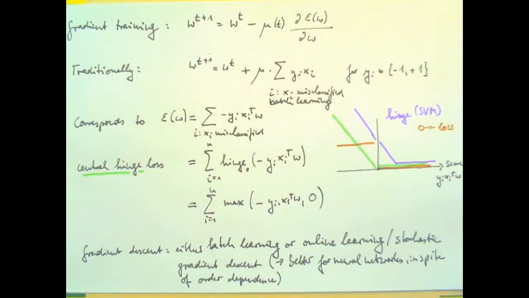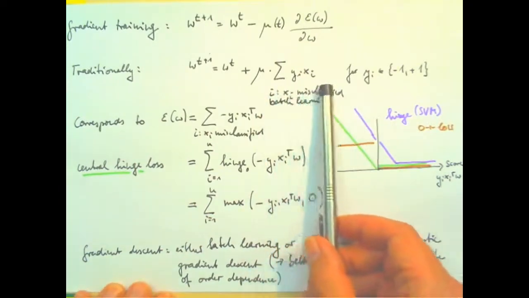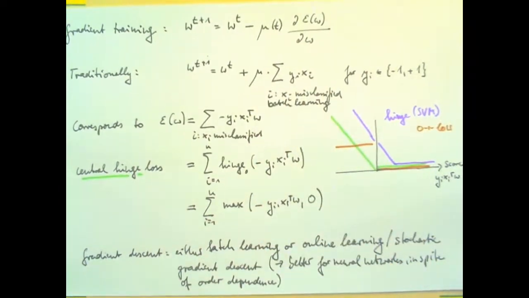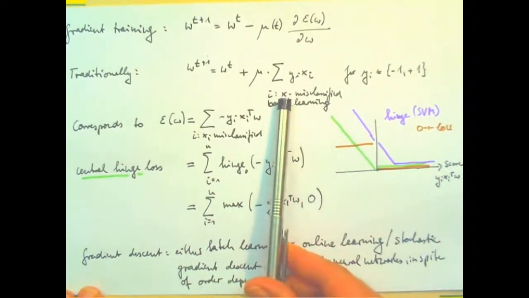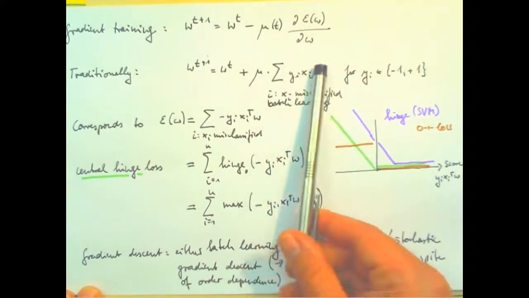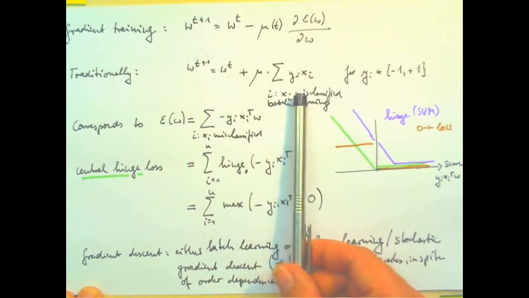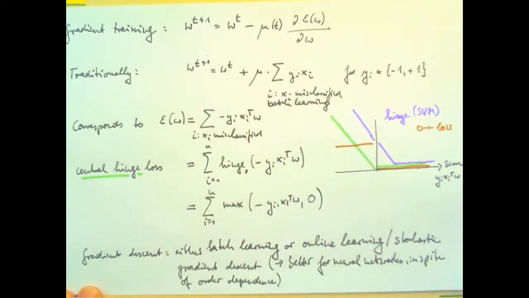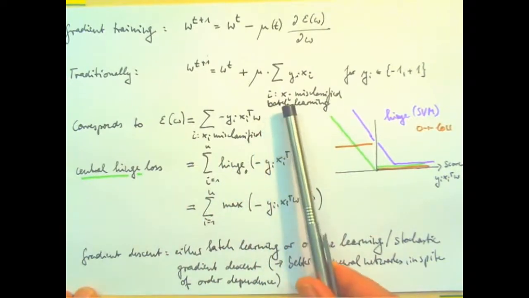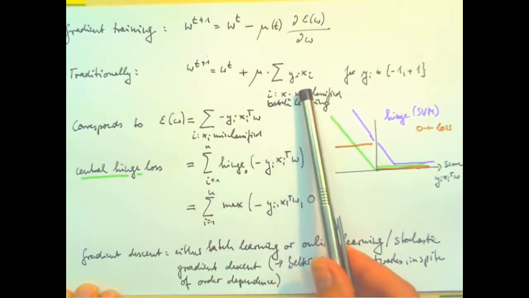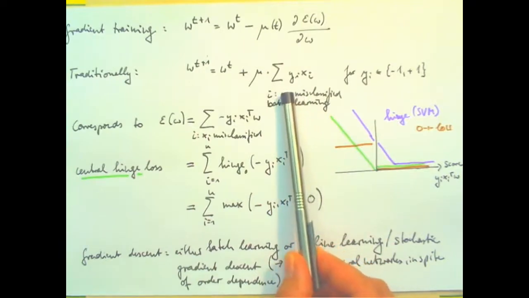Okay, so the difference between batch and online learning. Let's say I have 1,000 samples in my training set. In batch learning, you sum up your contributions from all your 1,000 samples and then update your parameter vector. In online learning, you process just a single sample, at which point you adjust your normal vector.